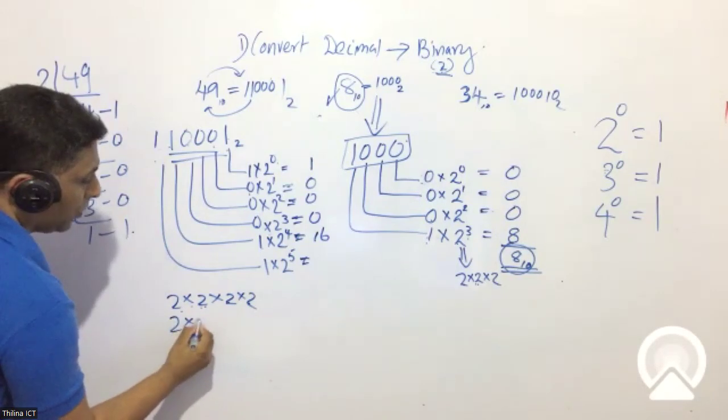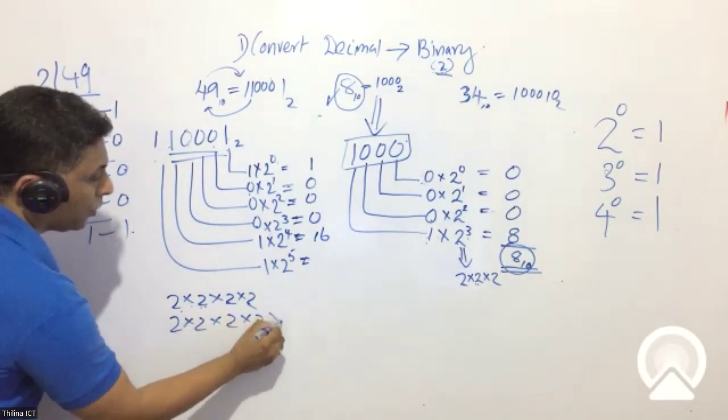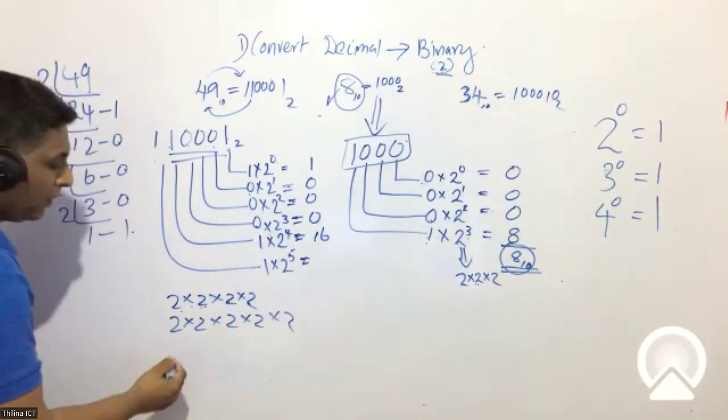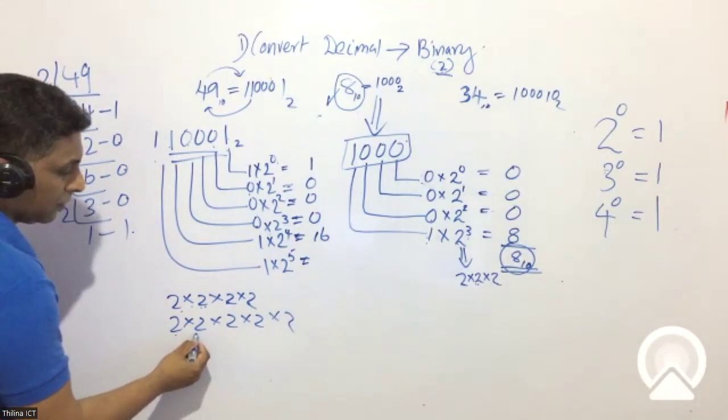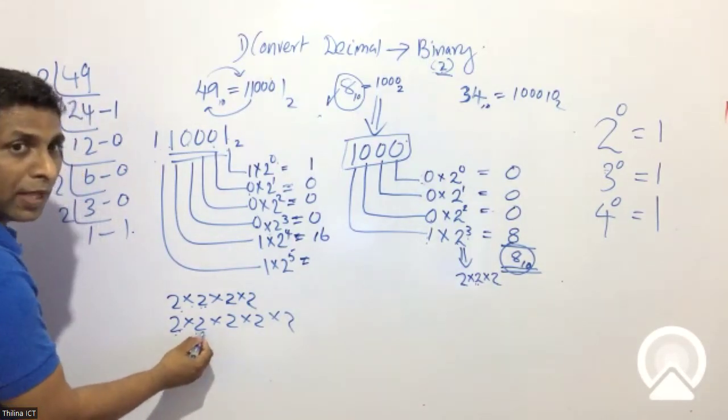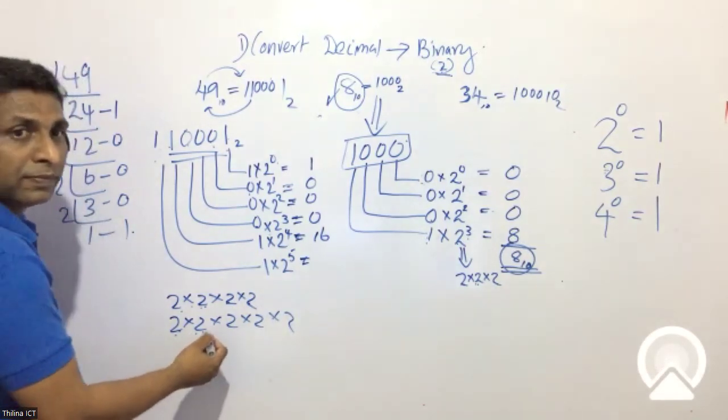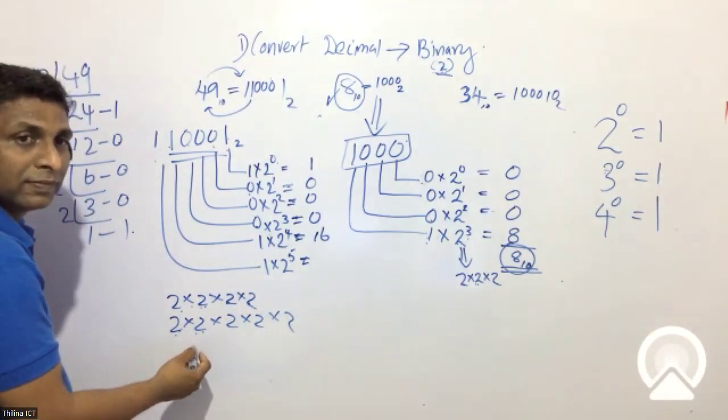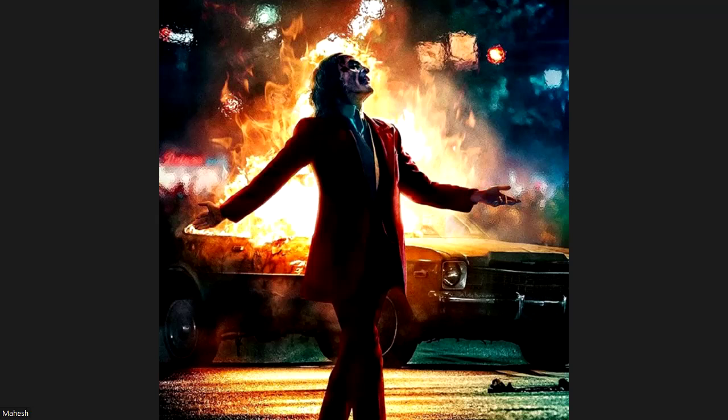Here, 2 into 2 into 2 into 2 into 2. So what's the value? 2 into 2, 4. 32, sir. Right, 32.